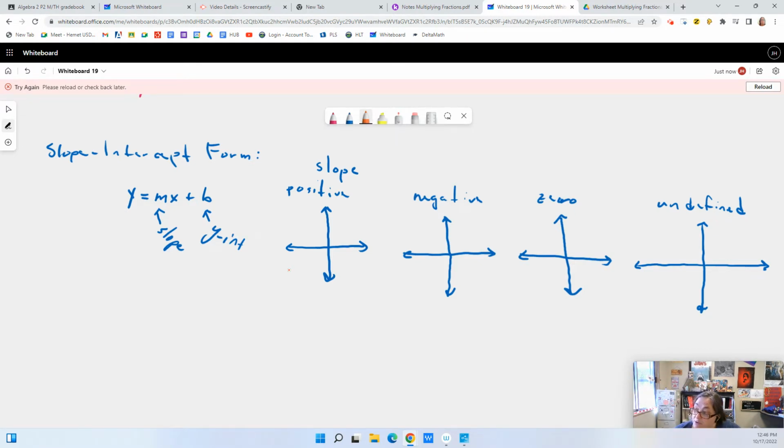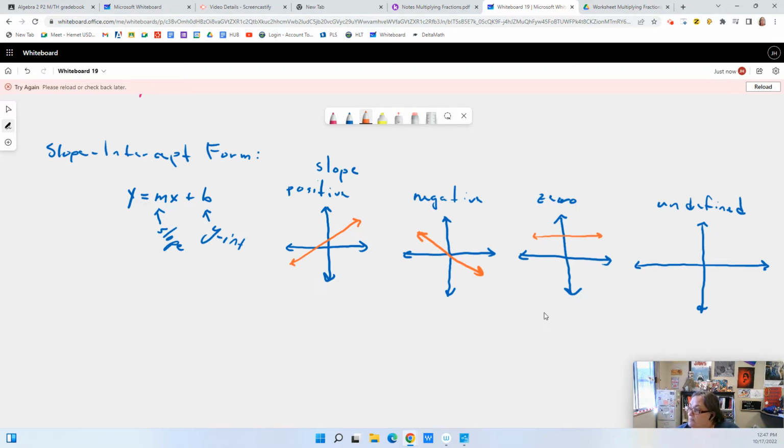A positive slope is just a slope that's increasing from left to right, right? The slant is going upwards as we look at it from left to right. A negative slope is the opposite of that, going down from left to right, in the negative direction. The zero slope is just a horizontal line.